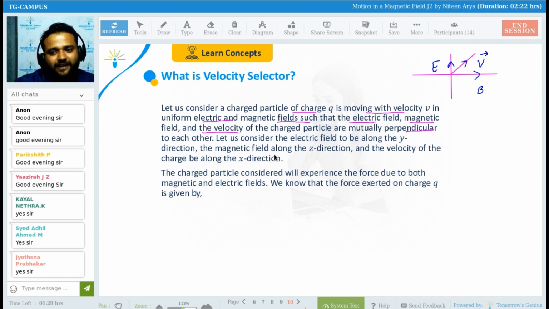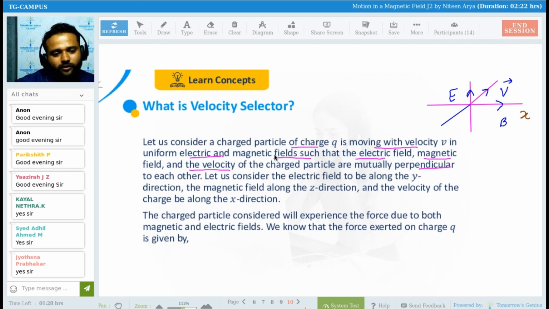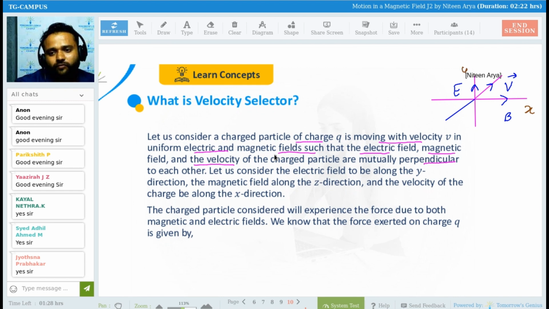This is the z negative direction. If you are confused right now, this is the case. And this is your x. If I go anti-clockwise, y, z, x, y, z. Clear, everyone? That is why it is written perpendicular.